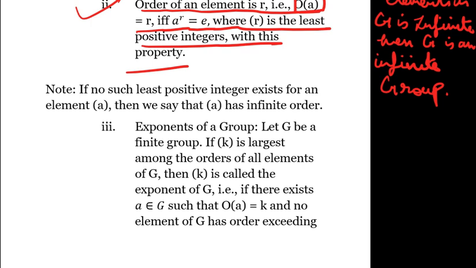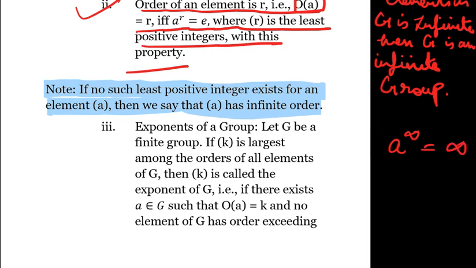The note says that if no such least positive integer exists for an element a, then we say that a has an infinite order. So if no such positive integer exists, like if I write a to the power infinity, then what is that?